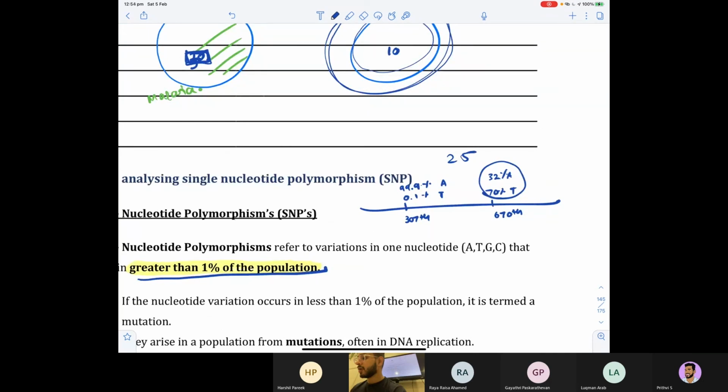More than 1% of the population needs to have a variation. If less than 1% of the population has a variation, we don't call it a SNP. It's just a variation in the genetic code. Does that make sense? Okay? From an exam point of view, this is the most important thing. If you don't say it, you're not going to get the mark. Good. Any questions so far?